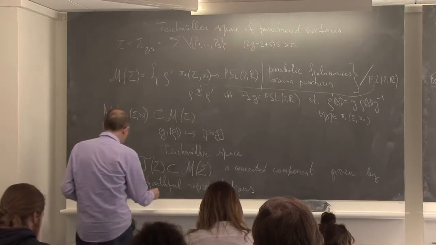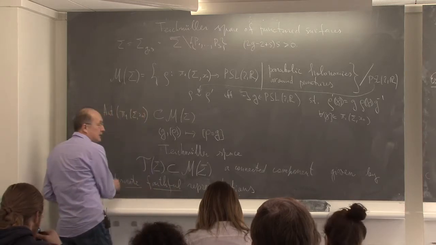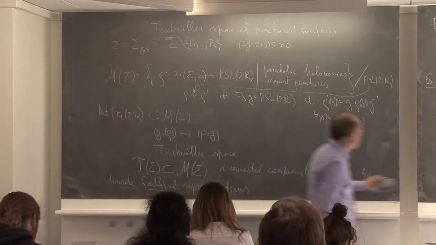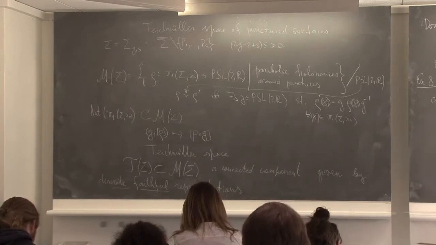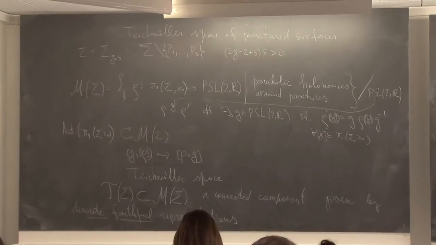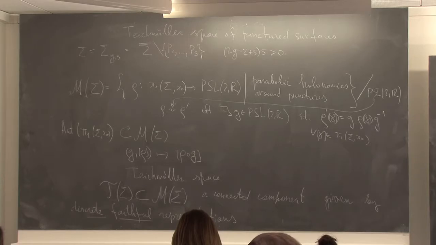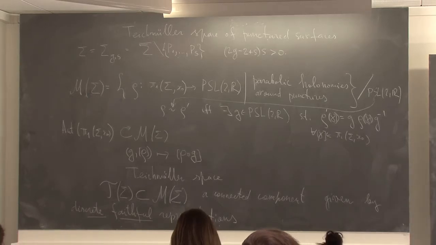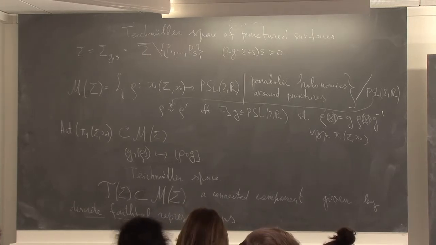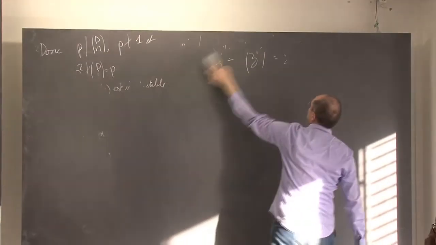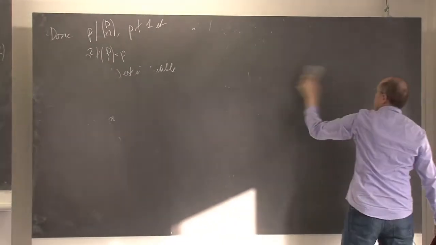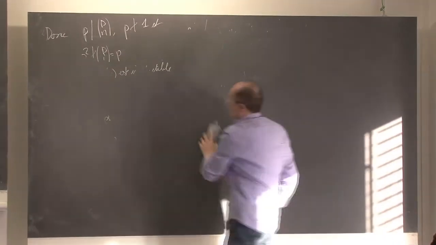And due to faithfulness and discreteness, the image of the corresponding representation can be identified with the fundamental group of the surface. So there is really geometry going on around any point of the Teichmüller space.